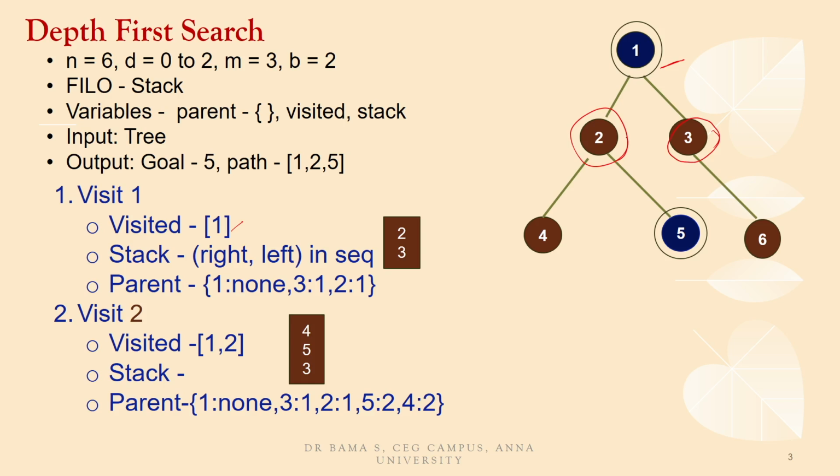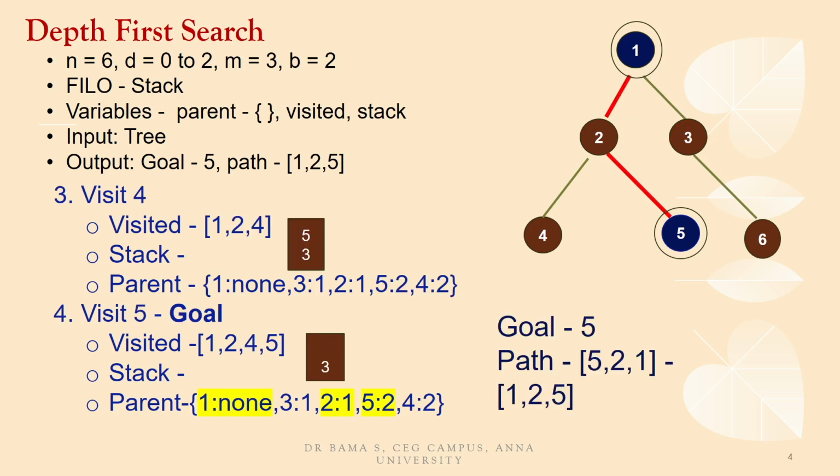So, this 3 is pushed first, then 2 at the top. When it gets popped in the next loop, in the second iteration, this 2 is getting visited here. So, this proceeds until we get this path. This is the final path, and it is actually 5 to 1, and we reverse this so that we get 1, 2 and 5.